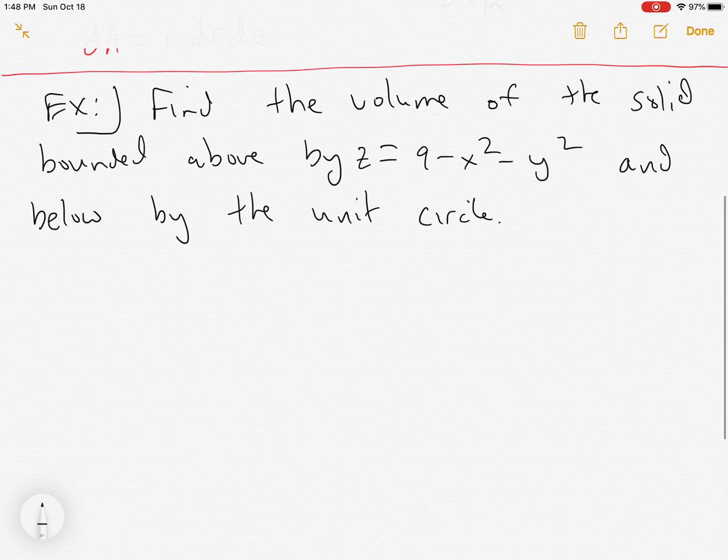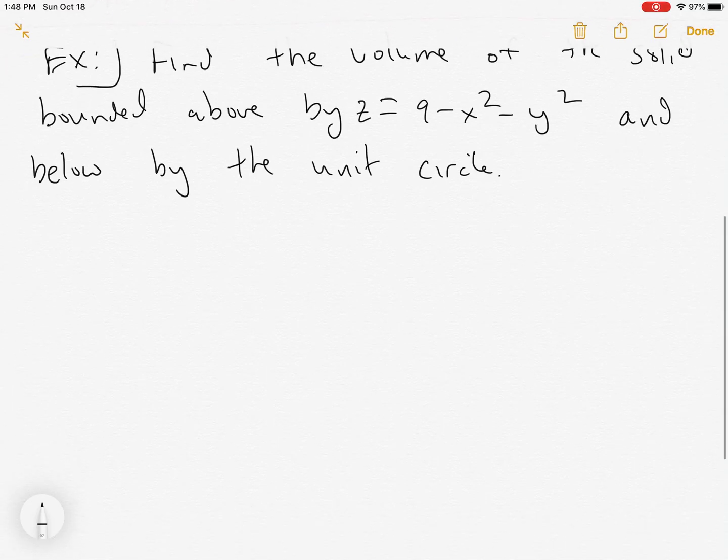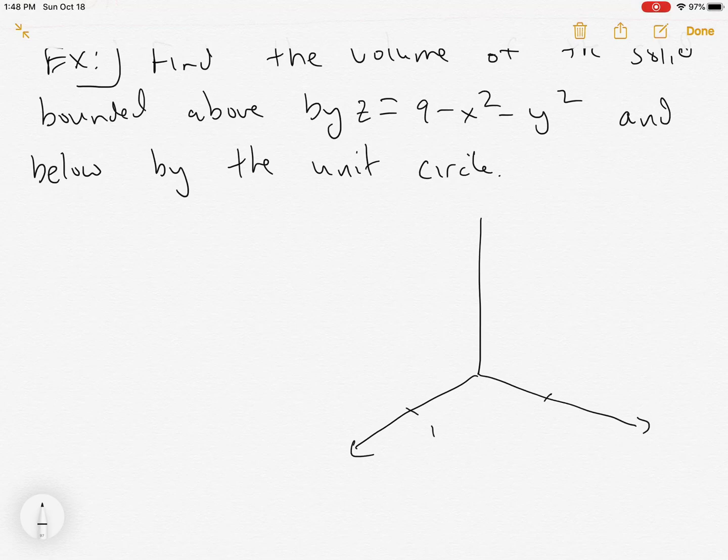So okay, let's draw this. So here's our unit circle out here in 3-space. That's y, that's x, that's z. And so when x and y are 0, z is 9.